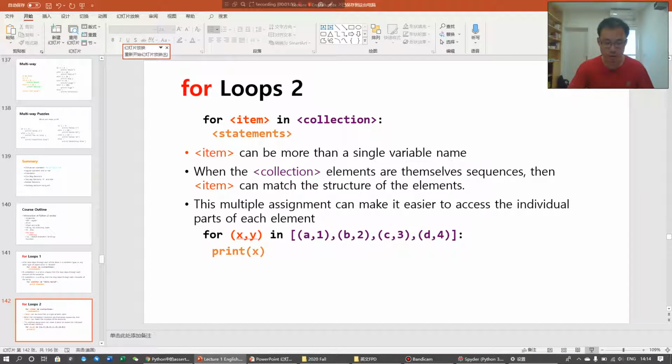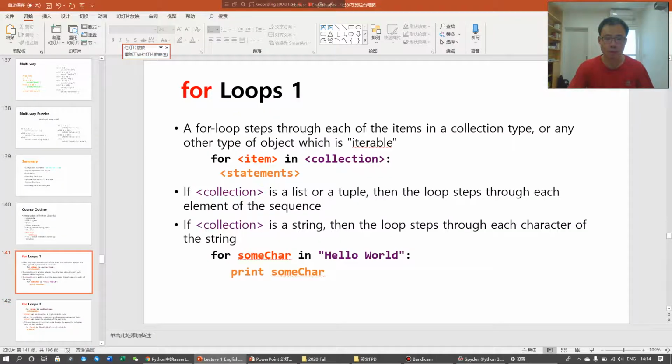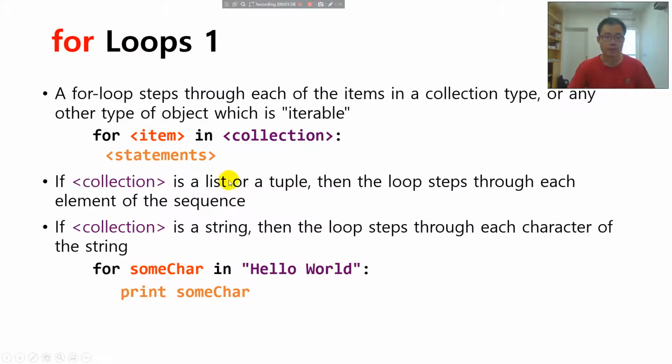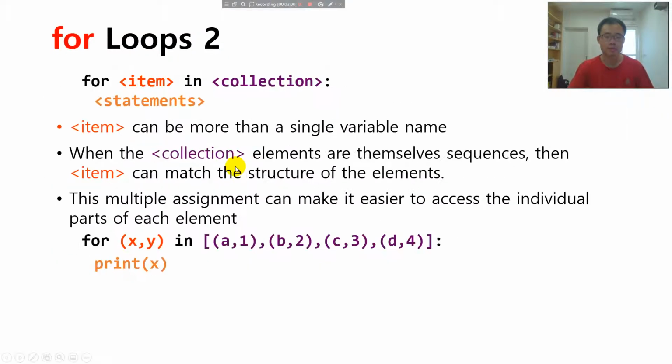The second one is for the second slide here. The item can be more than a single variable name. When the collection elements are themselves sequences, then the item can match the structure of the elements.